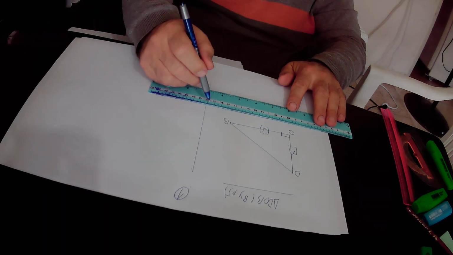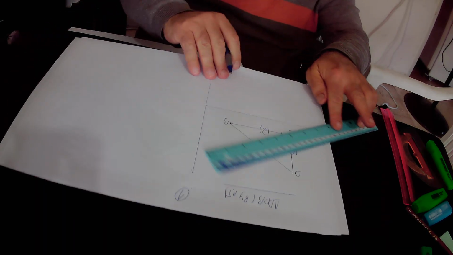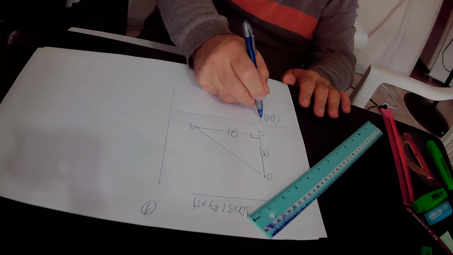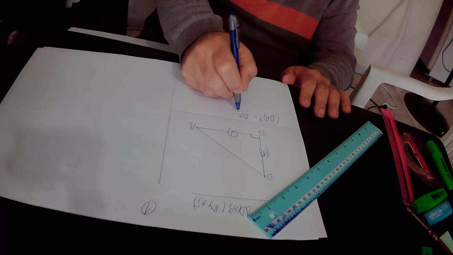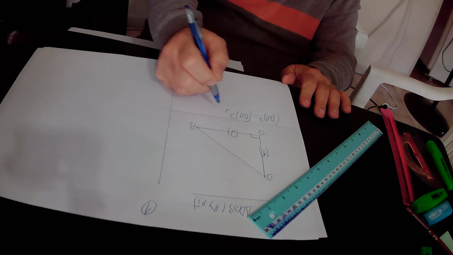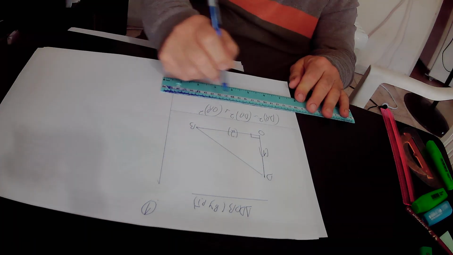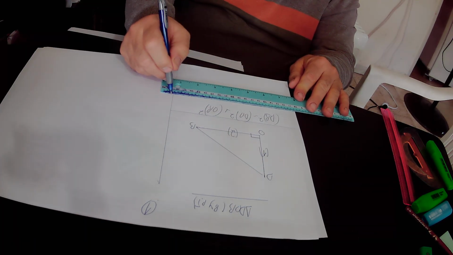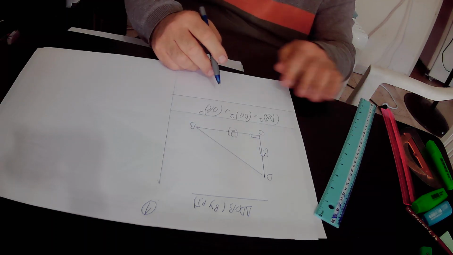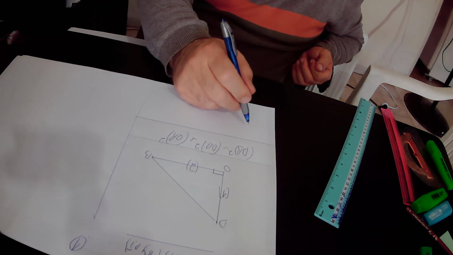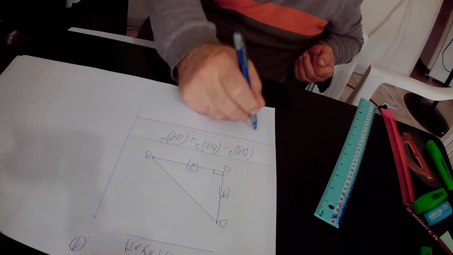The square of the hypotenuse is DB square, and DB square must be equal to DO square plus OB square. DB, the hypotenuse, is the missing side, so we leave it as it is.